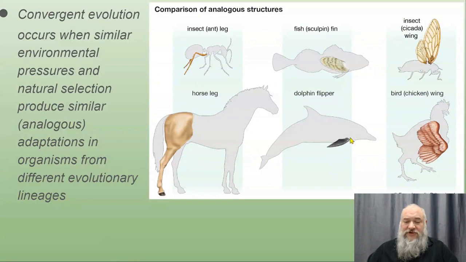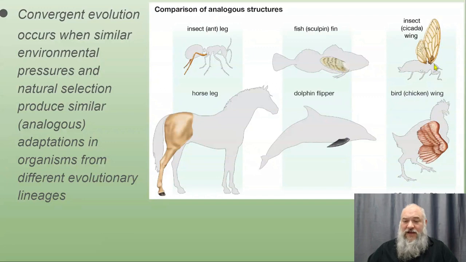They serve a similar function because they're in similar environments, but they didn't come from a common ancestor with a fin. And then flight is a prime example. Flight is a really advantageous adaptation to any terrestrial environment. So it stands to reason that if it evolves, it'll stick around. So it's evolved many times in many different groups over time.